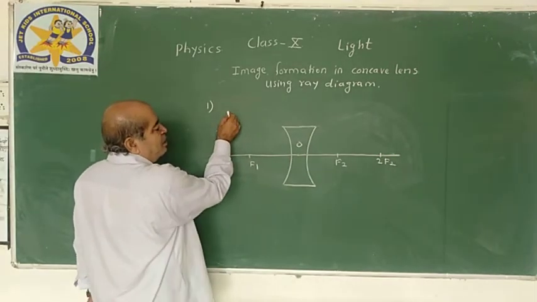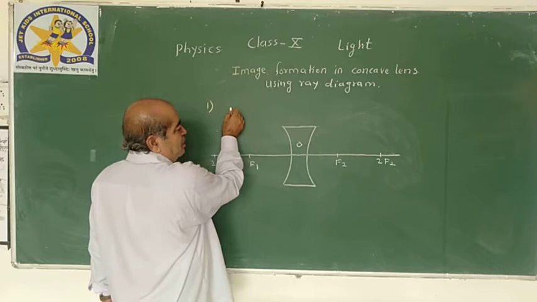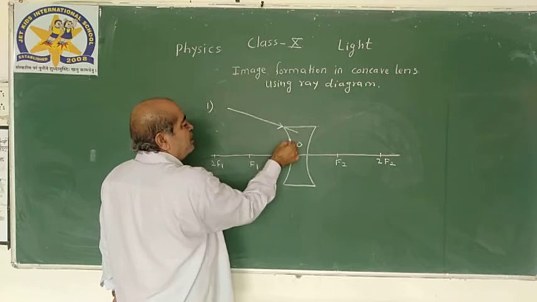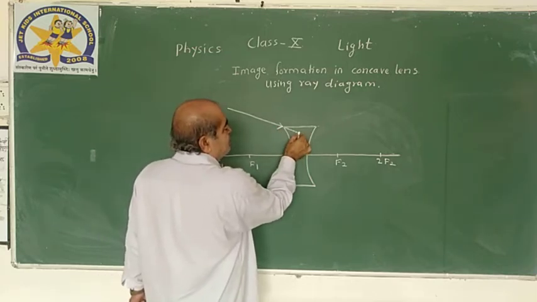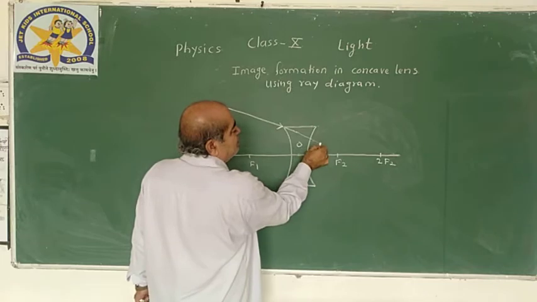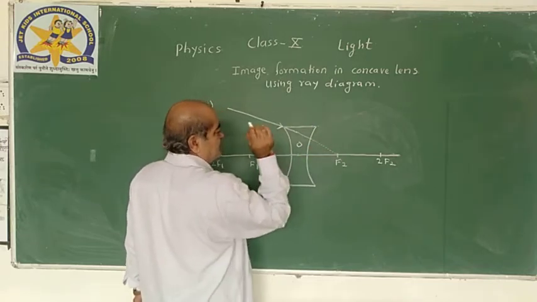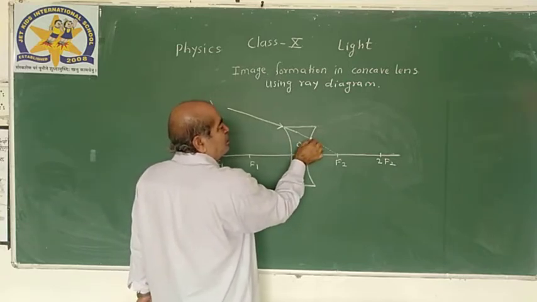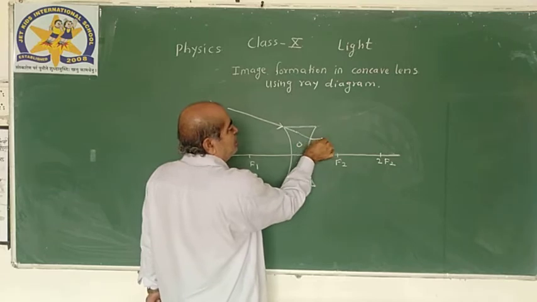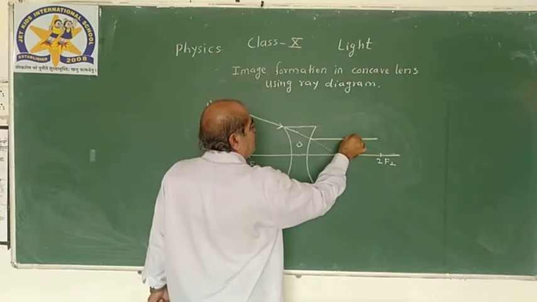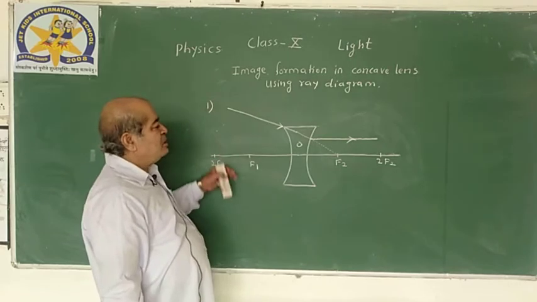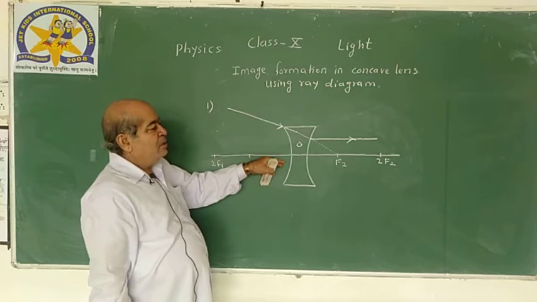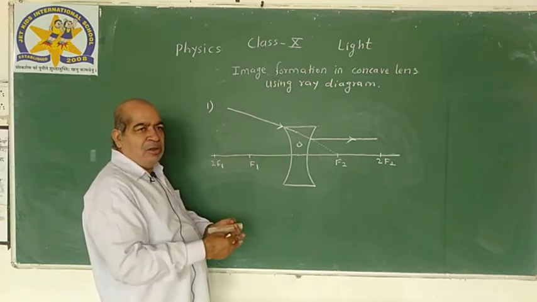When a ray of light appears to meet at the principal focus, is incident on the concave lens, after refraction, the ray of light emerges parallel to the principal axis. This is the second rule.